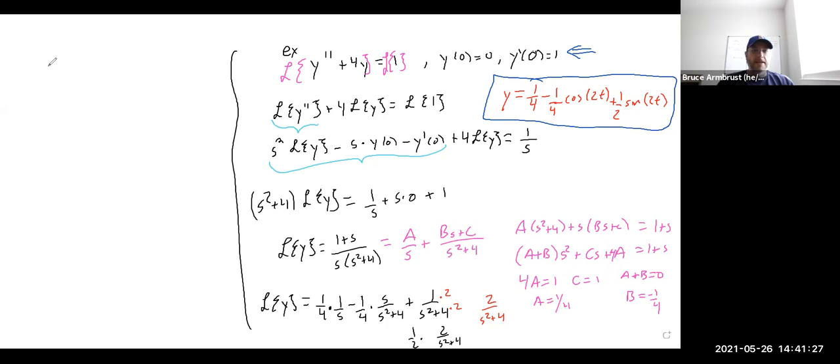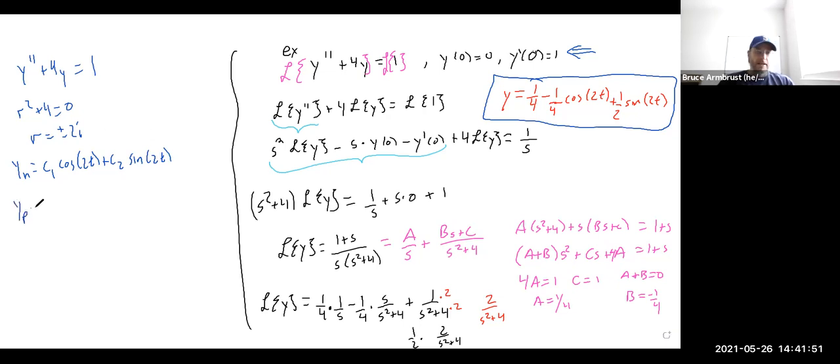So think about what the process is when we've got y double prime plus 4y equals 1. You start with the characteristic polynomial, and that gives us plus or minus 2i. So the homogeneous solution is going to be c1 cosine of 2t plus c2 sine of 2t. We then have to get our particular solution. Since it's a constant, I would guess a. So y double prime is 0.